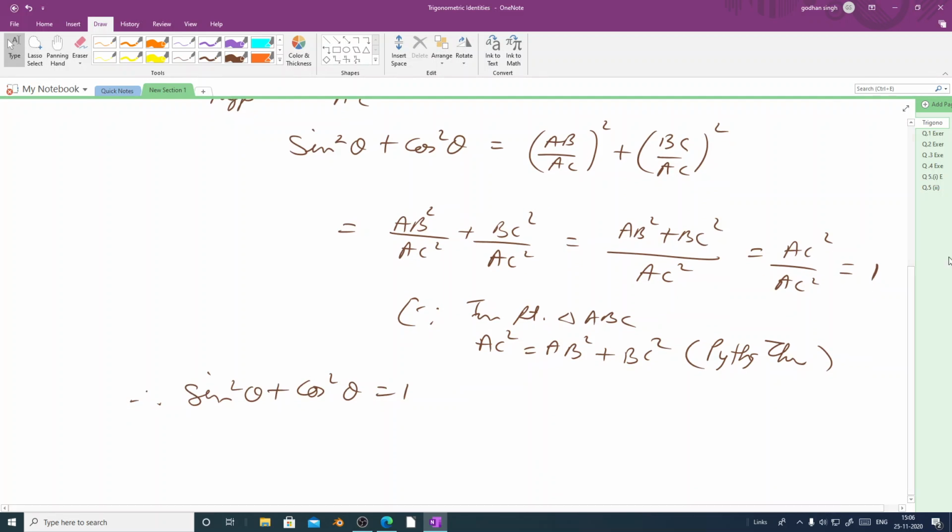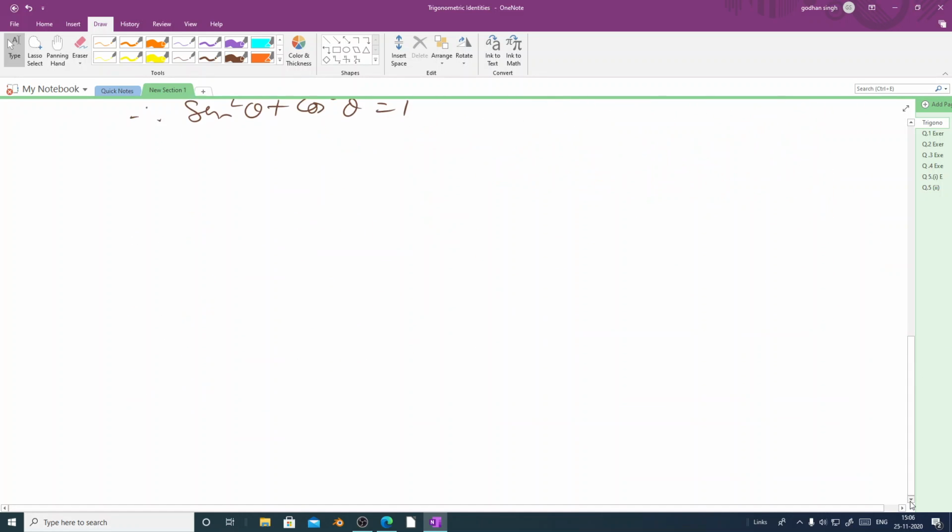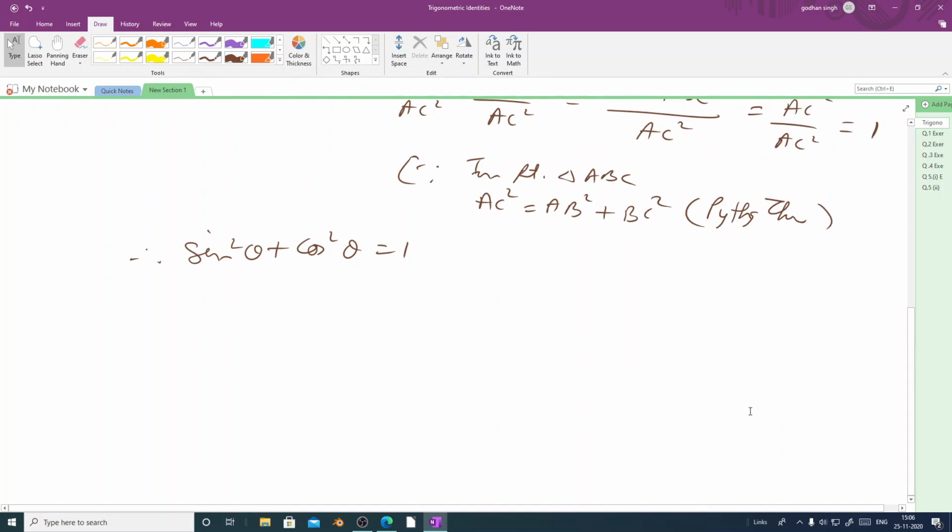Another identity which we can have is, suppose we divide both sides of this identity by cos square theta. Let us do that. Dividing both sides by cos square theta, we will get sine square theta over cos square theta plus cos square theta over cos square theta equal to 1 over cos square theta.